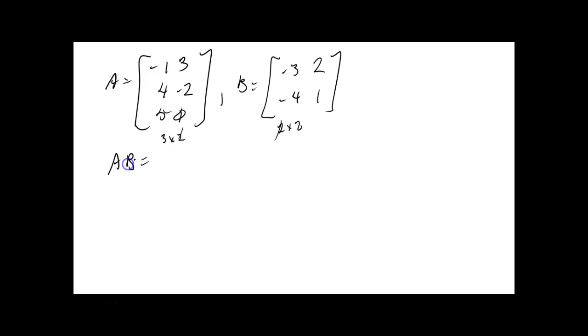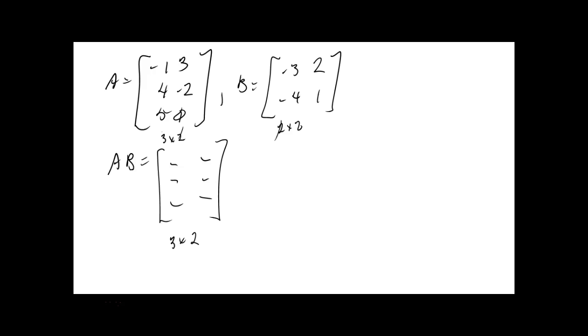Now, how do you do these? I do it this way. I first identify it's going to be a 3 by 2. I won't do this forever, but I do. So that means it's going to have 3 rows and 2 columns. For now, that's how I suggest that you do it.